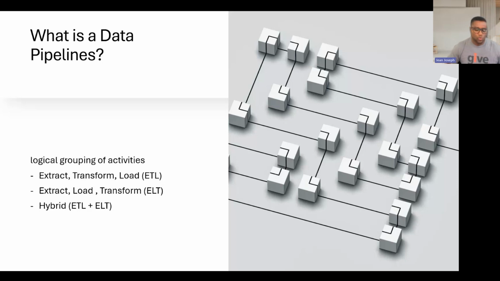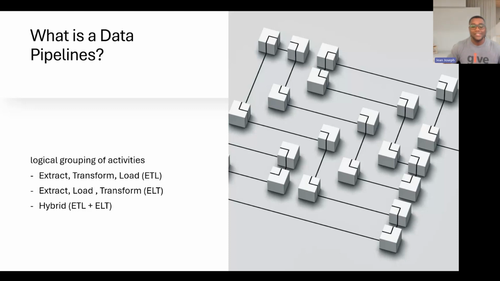So if we focus on the ETL part, this is the traditional way we use when the transformation of the data needs to happen before it's loaded into the data warehouse, right? Often due to the limitations of the target system, right?